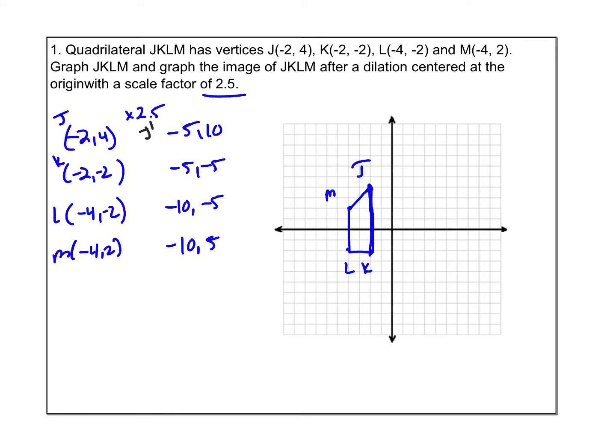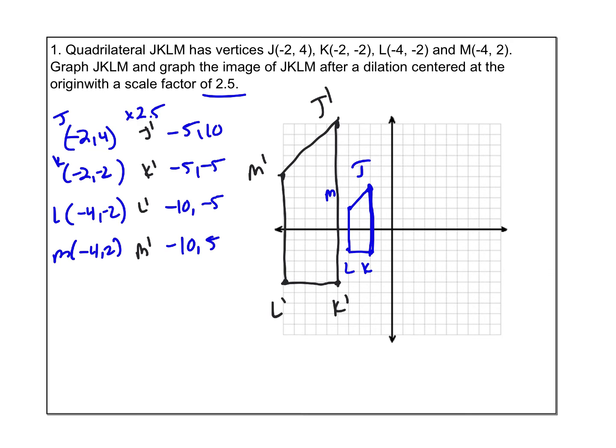So J, K, L, M, those would be my new points: negative 5, negative 10; negative 5, negative 5; negative 10, negative 5; and negative 10, 5. This would be my dilated trapezoid right here with my new points. There'd be my answer.